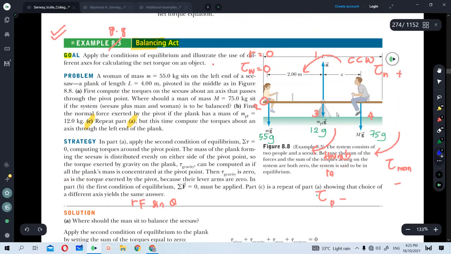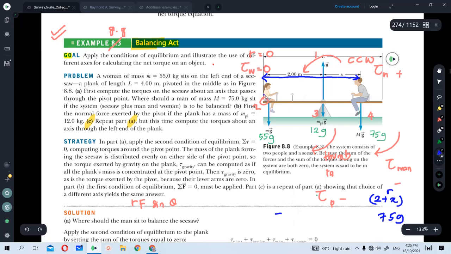Let's do a little substitution here. So the torque of the man can be calculated by using R, which is from here to here, which is 2 plus X, times the force, which is 75 G, and it should be a negative product. What about torque by the plank itself? So negative, R is 2.